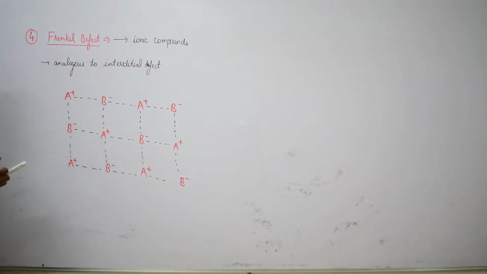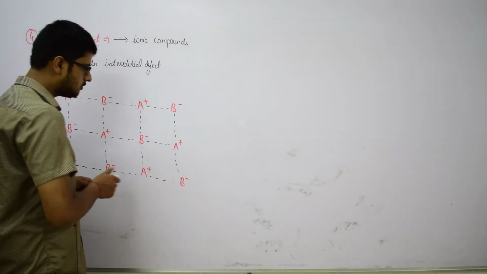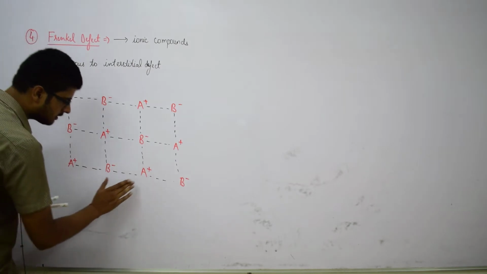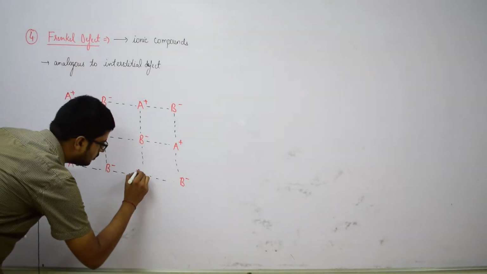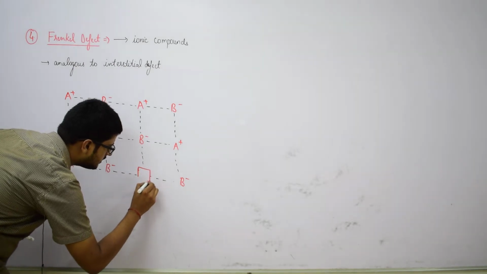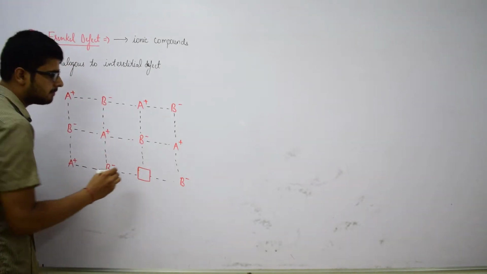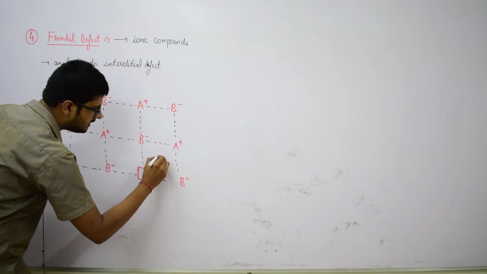So, what happens in this case? The cation moves from its normal lattice site and occupies an interstitial site.